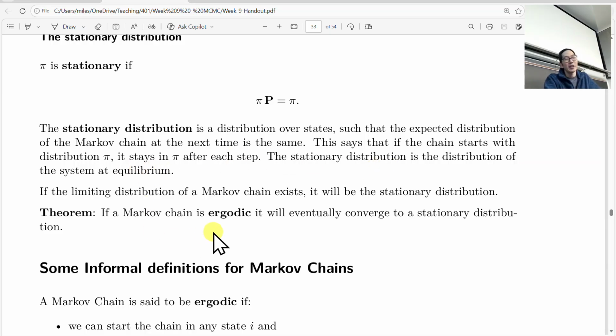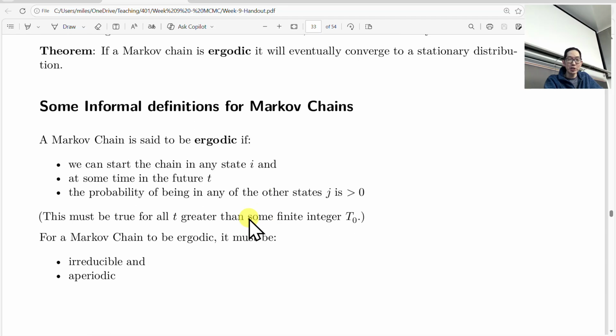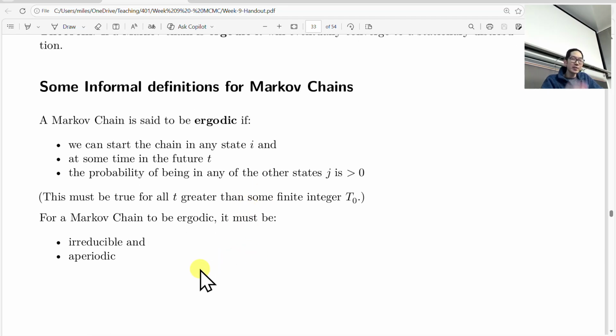And there's this property called ergodicity, or ergodic. We'll say that if a Markov chain is ergodic, then it eventually converges to the stationary distribution. The idea of a Markov chain being ergodic, I don't know how to pronounce this, is basically that you can start at any state.